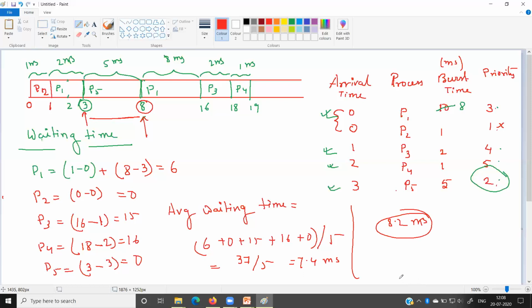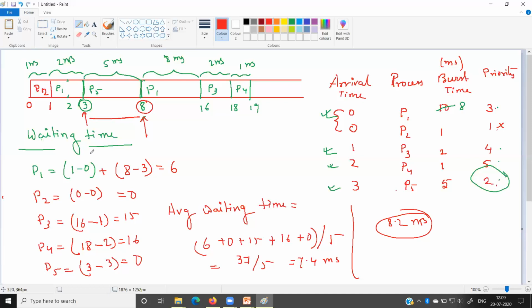Okay. So here you can observe from the Gantt chart that the processes are executed by the CPU, but if any higher priority process arrives at the ready state, in that case, the execution of the lower priority process will be stopped immediately and that process will be sent back to the ready queue and the higher priority process will be assigned to the CPU for execution.